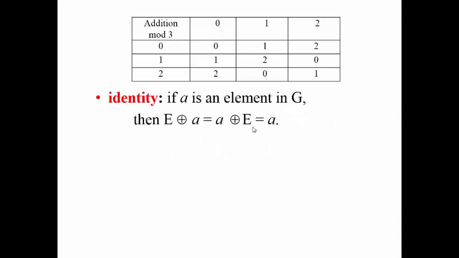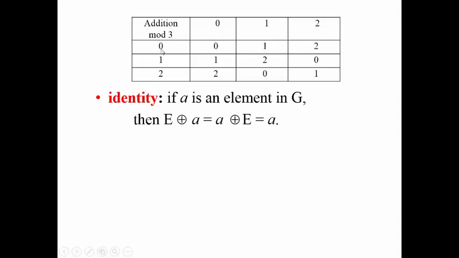Next, to have a group, we need to have an identity. So an identity is the element in G, such that the identity operation A is equal to A operation identity is equal to the original element. So in this case, you can see that 0 times 0, 1, 2 gives you 0, 1, 2.